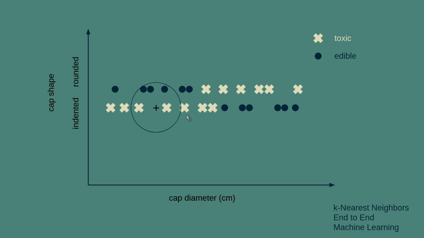But this is an example of shifting the feature weight or the feature scaling so that the cap shape just doesn't carry much weight. And in that case, those other edible mushrooms with rounded tops would overpower the toxic mushrooms with indented tops and cause that position to be projected as edible. To repeat, feature scaling really matters, also with categorical data.